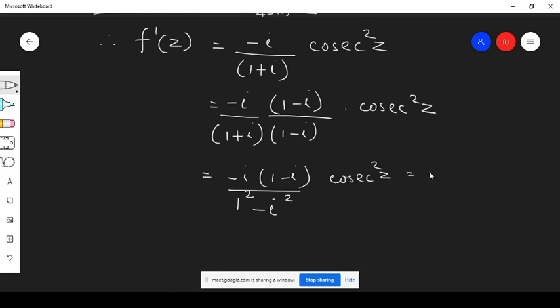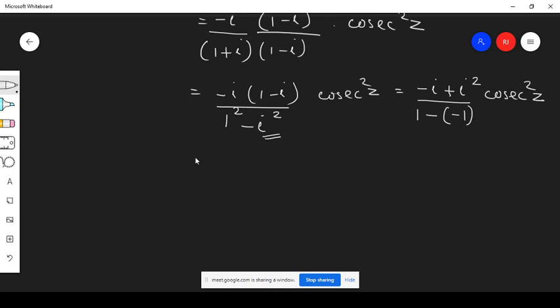That is equal to, take this negative inside, so minus 1 into i is minus i. Then here minus into minus becomes plus i square. Divided by 1 minus i square, which is minus 1, into cosec square z.